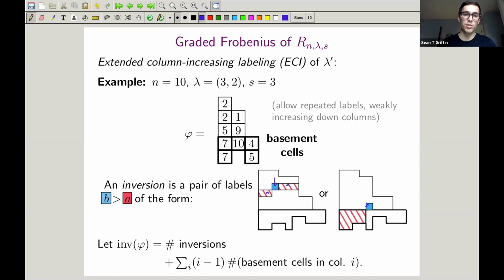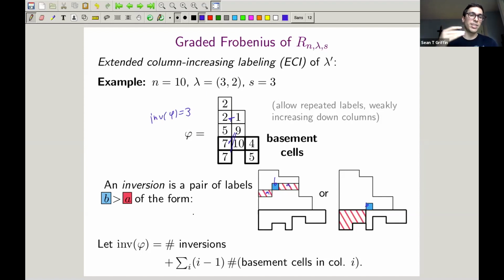So in this example, we have three of those inversions. So the 2 is inverted with the 1. Let's see if I can mark this. And the 9 is inverted with the 2 basement cells labeled 7. So in this example, first you write down 3.